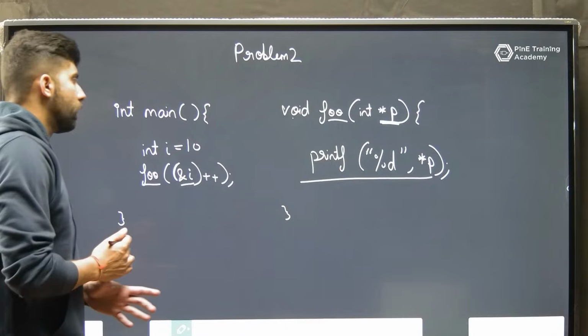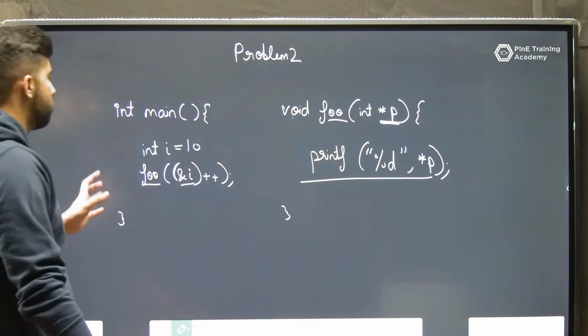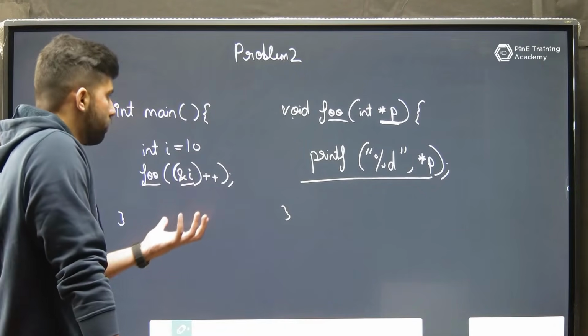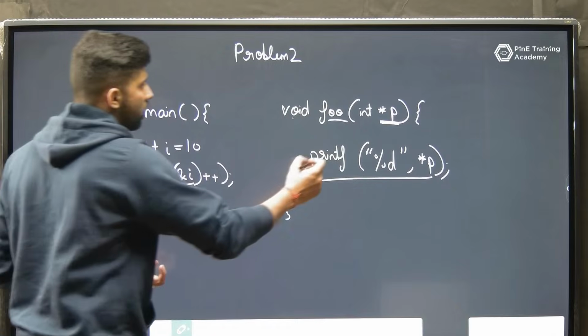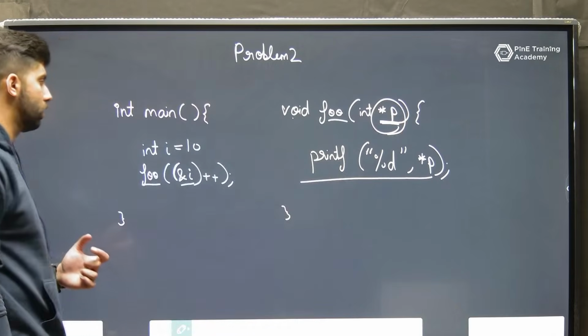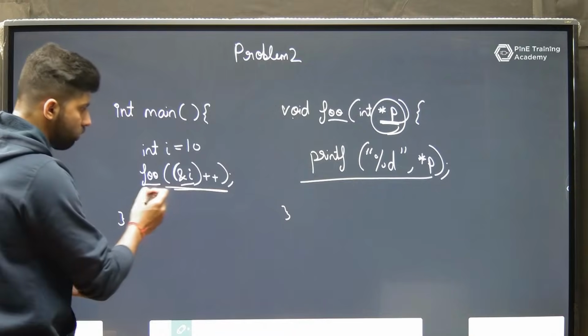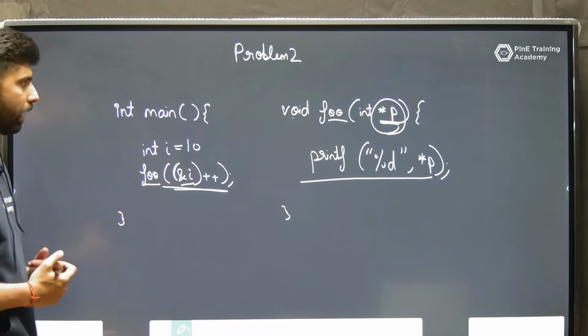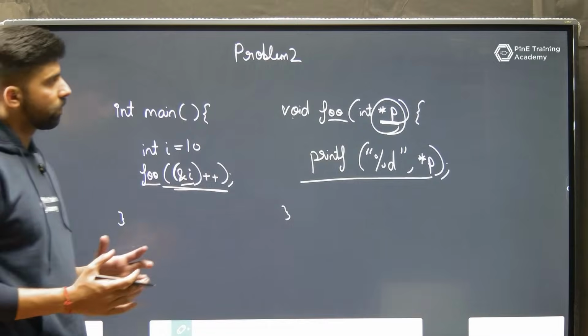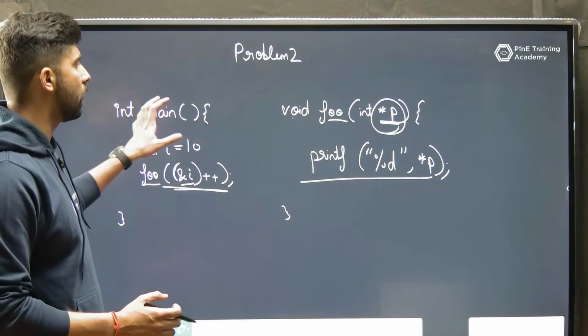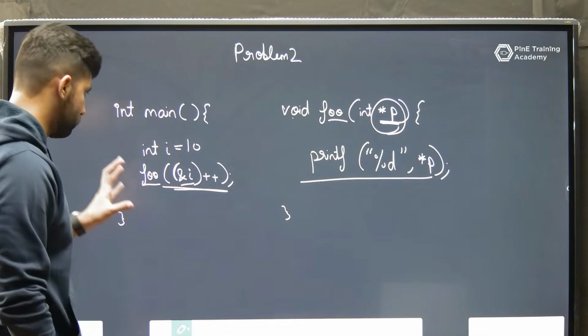Now this program might look normal, that okay, this is our pointer. I'm trying to pass the address of I here, but actually, here we have an issue. What is the issue here?